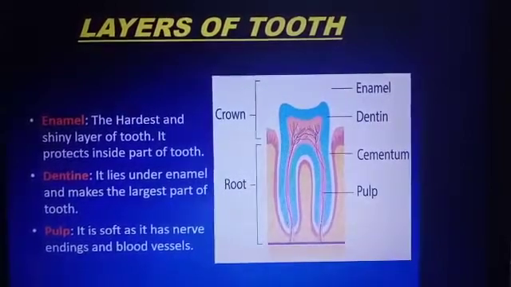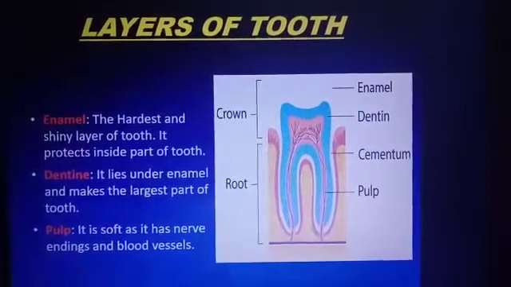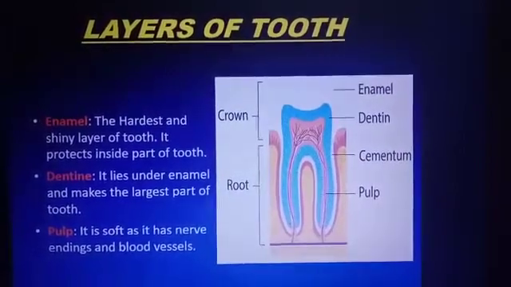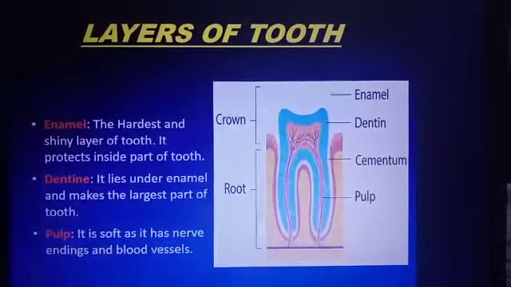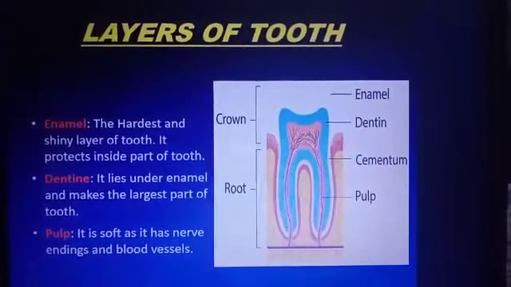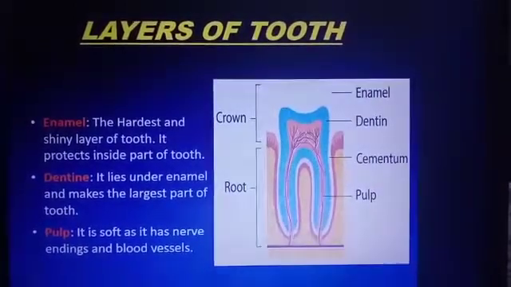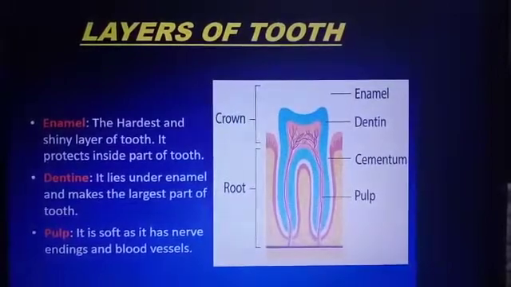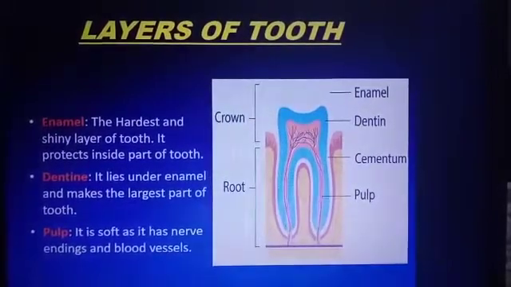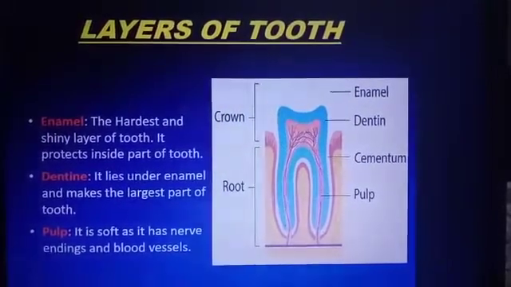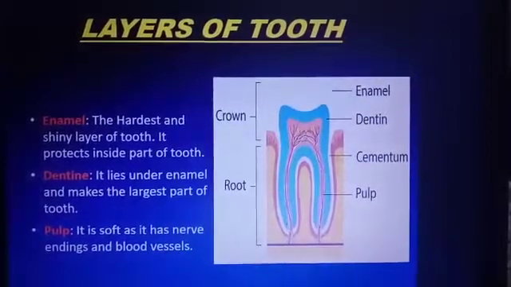Dentine is under enamel and it makes the largest part of tooth. Pulp is the softest part because it has blood vessels and nerve endings. See the picture clearly. You can see the blood vessels and nerve endings in the pulp part.